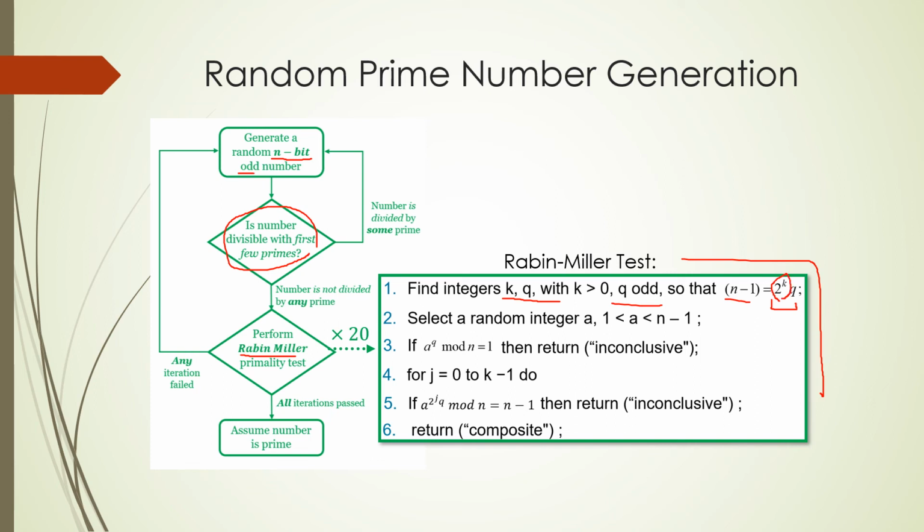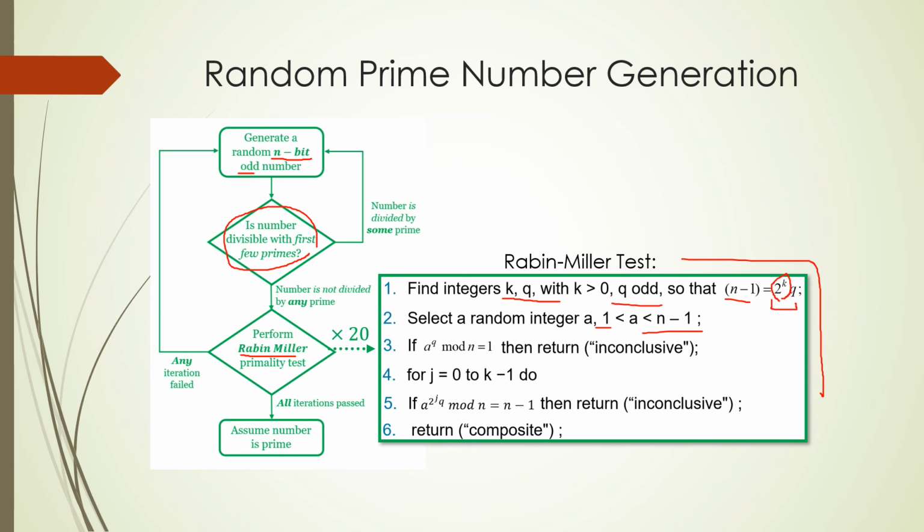Let's call that number of 2's k, and then the remainder is going to be an odd number. That odd number is going to be called q. Then select a random number a from 1 to n minus 1. When I say random, I mean just uniformly random.